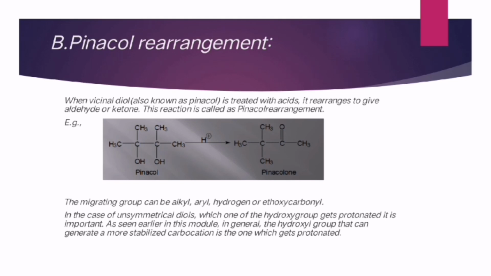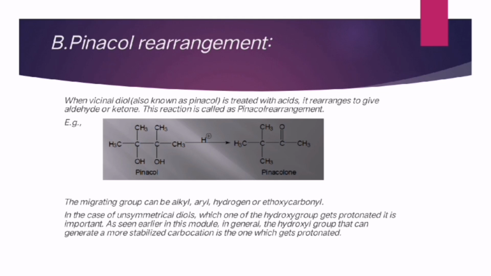When two alcohol groups are present on neighboring carbons, adjacent carbons, also known as Pinacole, is treated with acids, it rearranges to give you an aldehyde or ketone, a carbonyl group, and this kind of reaction is called Pinacole rearrangement reaction.